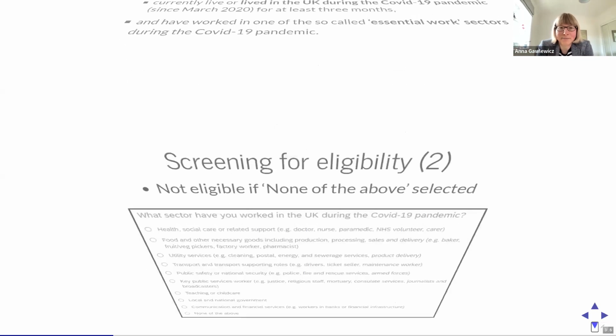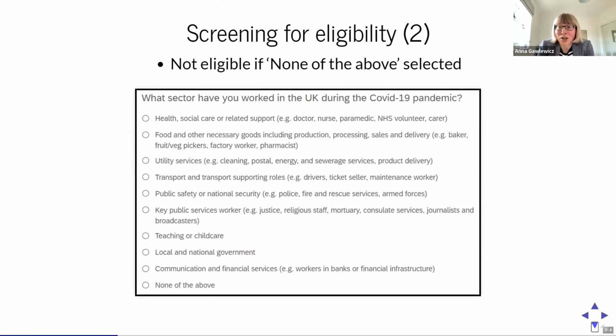Next slide, Aneta. Here's a list of the sectors that we were trying to reach out to. So as you can see, health and care, food and necessary products, production, processing, sales, delivery, utility services, transport, public safety, and so on.